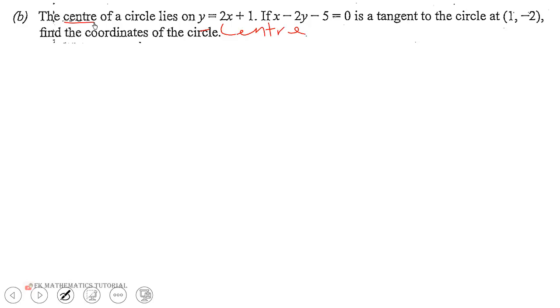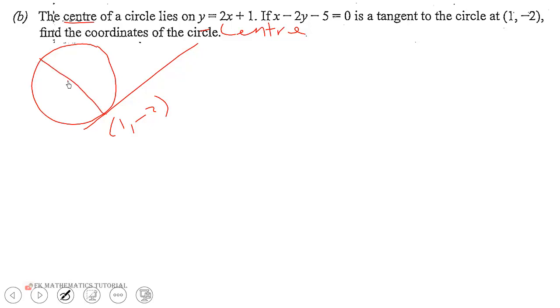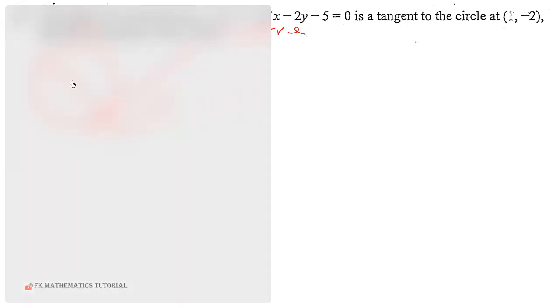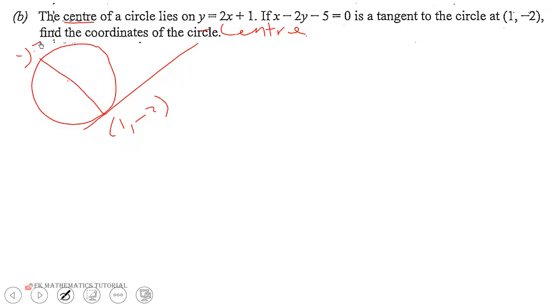So we can quickly sketch the circle, something like this. And let me see, 1, -2 is around this area. So that is 1, -2. Now the center of the circle is lying on the line y equal 2x plus 1.